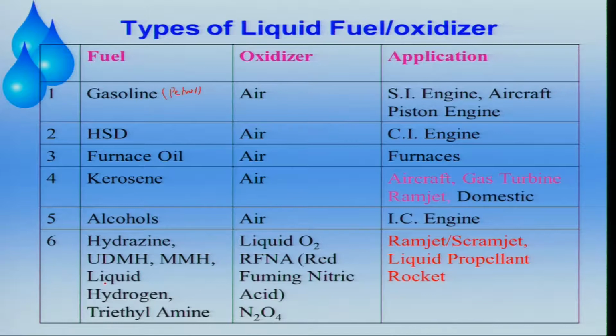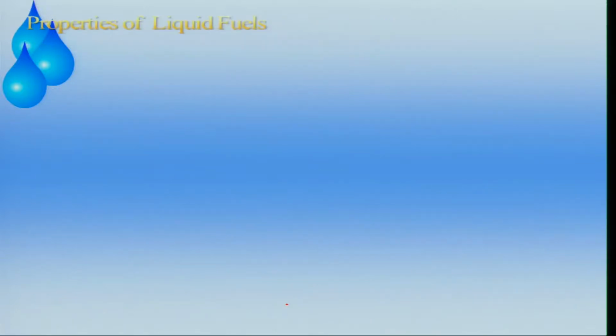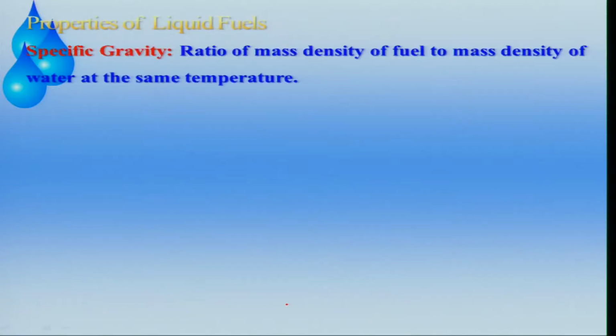These are all kinds of fuel which we will be discussing as we go along, and then liquid oxygen, red fuming nitric acid, and nitrogen tetroxide, and those things we will also be discussing as we go along. So, the properties of a liquid fuel are very important. I talked about the heating values for solid, liquid and gaseous fuel, but a liquid fuel has certain properties which must be looked at carefully.